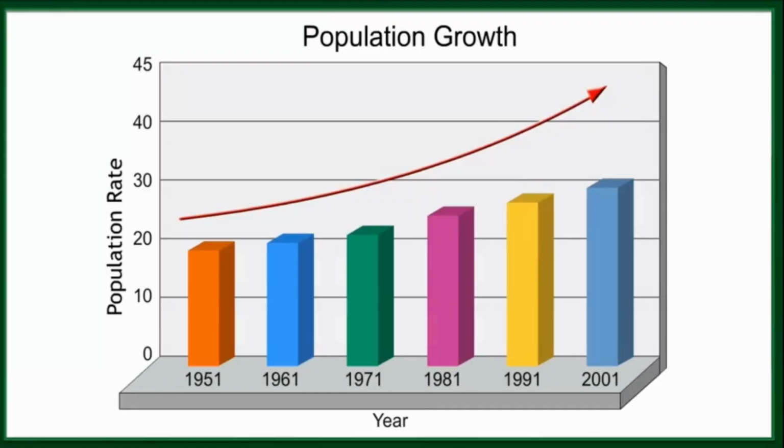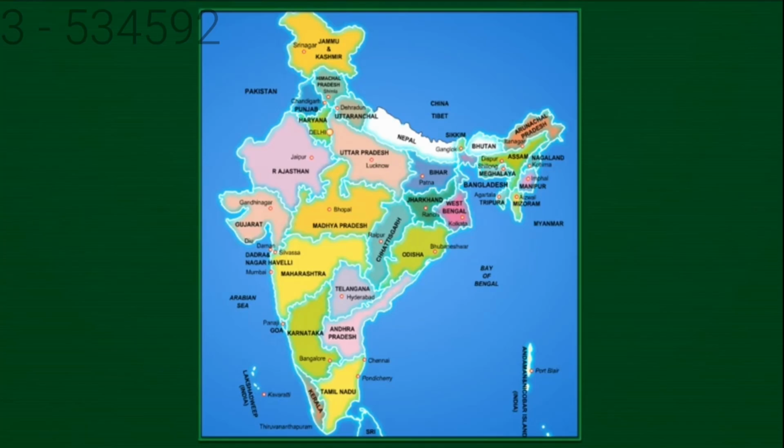The urban population has increased from 17.29% of the total population in 1951 to 27.78% in 2001. There has been a significant increase in the number of million-plus cities from 23 to 35 in just one decade, that is, from 1991 to 2001.